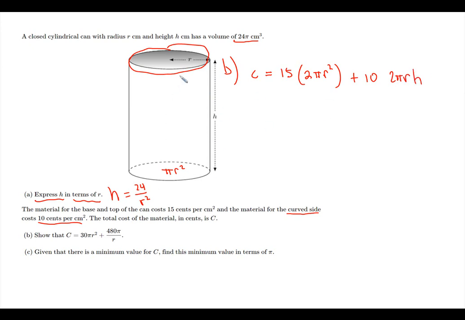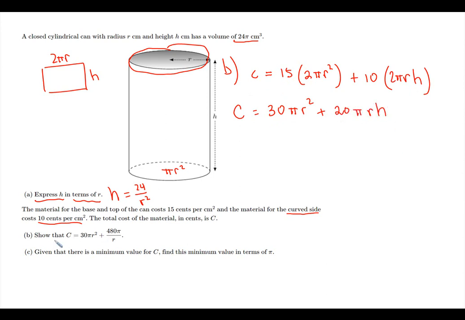So that's how I end up with 2 pi r times h. If we multiply this, we end up with C equals 30 pi r squared plus 20 pi r h.